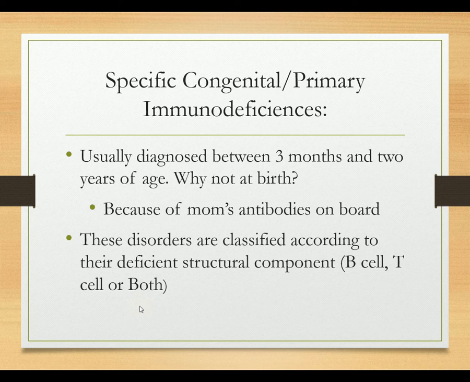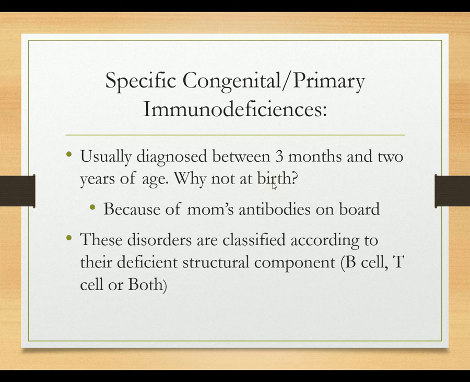So, the specific congenital primary immunodeficiencies. Now, these are usually diagnosed between 3 months and 2 years of age. Why not at birth? Well, if we think about it, maternal antibodies are present up to about 18 months, so it's going to be a while before you see them having these problems.